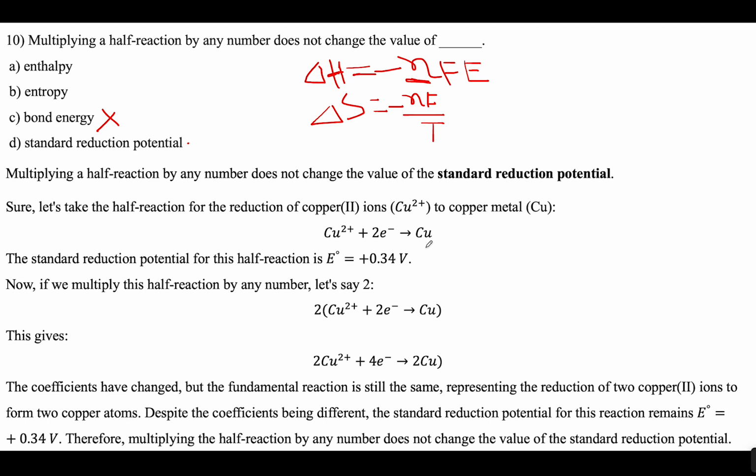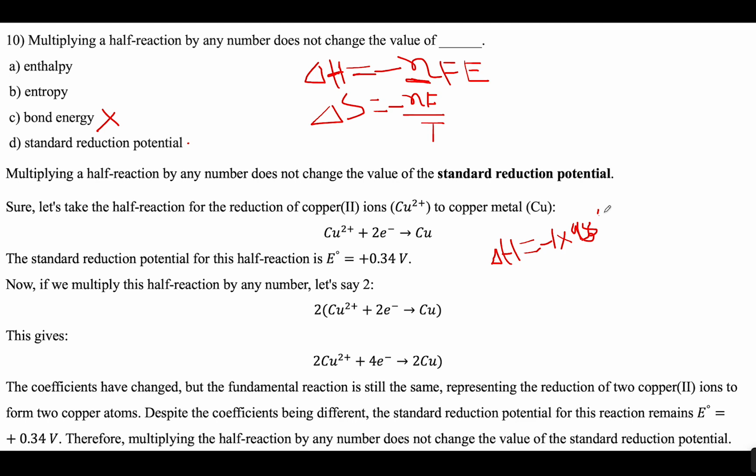Now if we calculate the value, it is 1 into F, the Faraday's constant 96,856, into the electrode potential 0.34 volt, which comes to around 32,93,104.